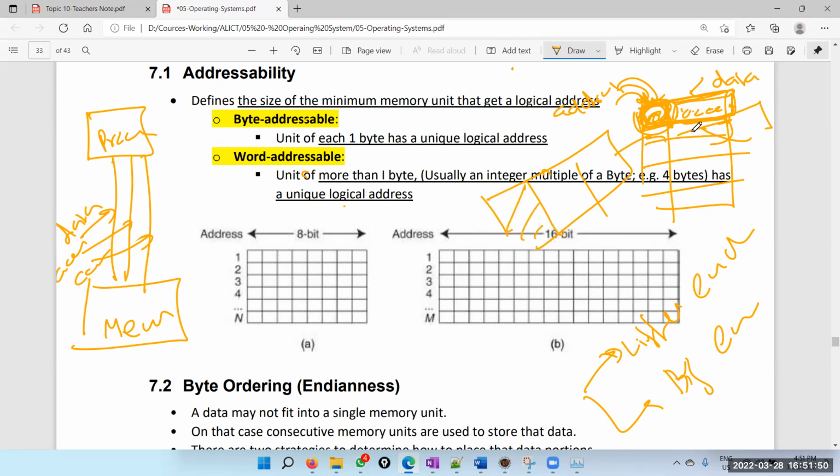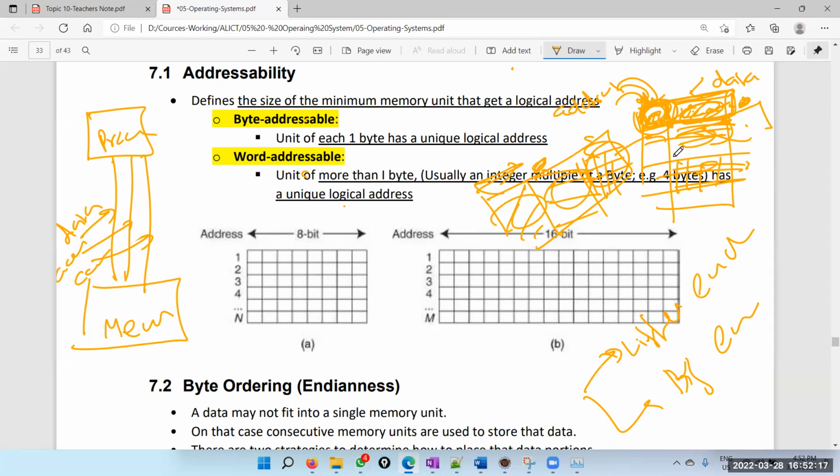This portion goes to this one, this portion goes to that one, and this portion goes to the next location. So usually consecutive locations are used. So you can do it in 2 ways. Maybe your left part is given the lower address, then this one, and then this one. Or else this goes to the lower address, then this, and then this.